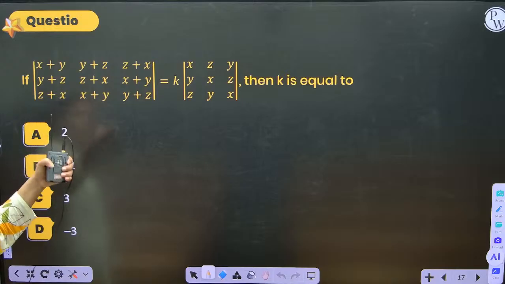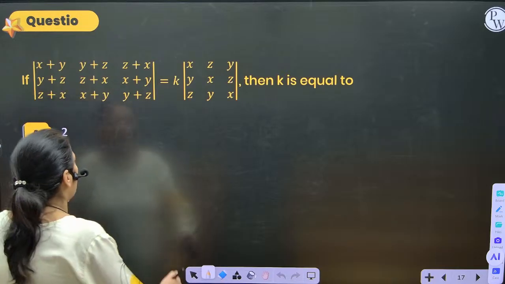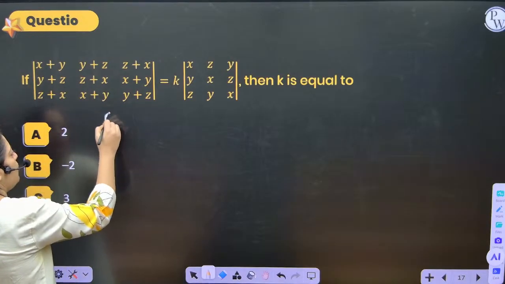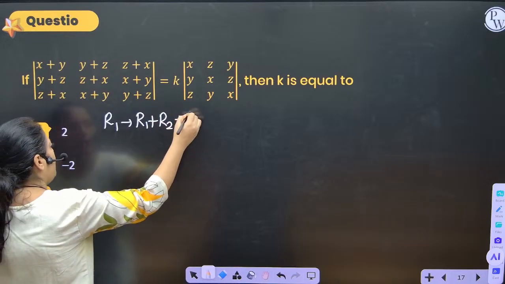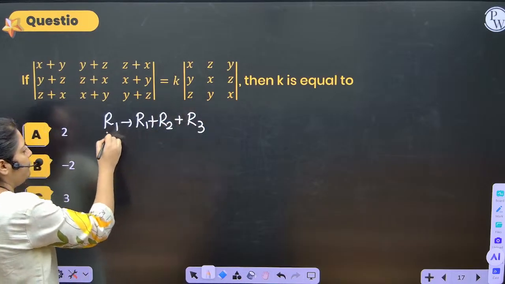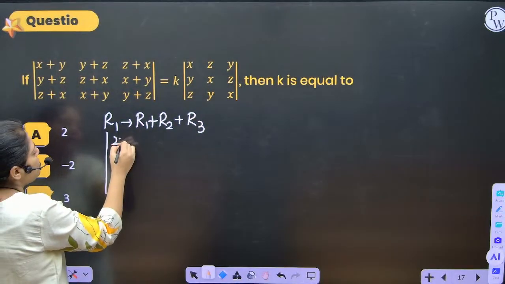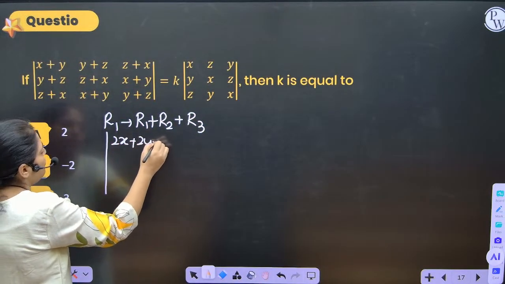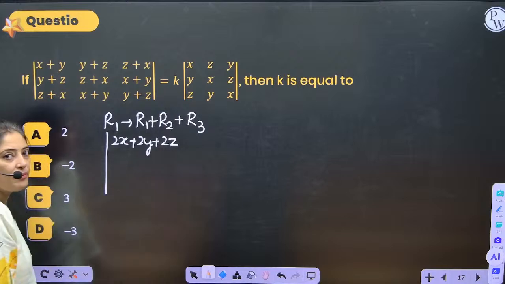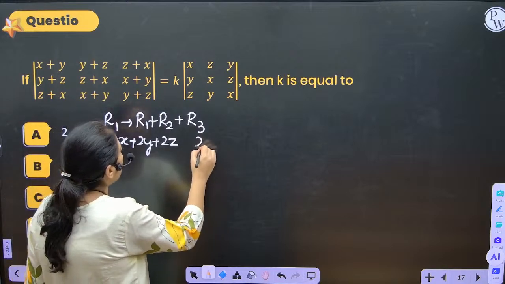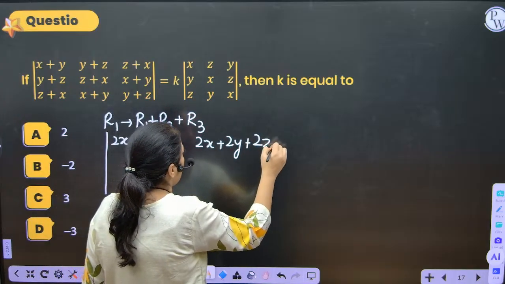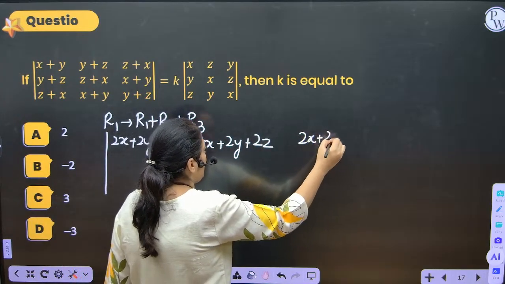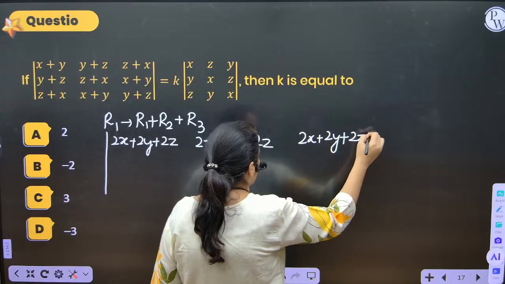So many things seem to be the same. What we can do is, in row 1, add all the elements: row 1 plus row 2 plus row 3. What will it become? Twice x plus twice y plus twice z, in every entry of the first row.